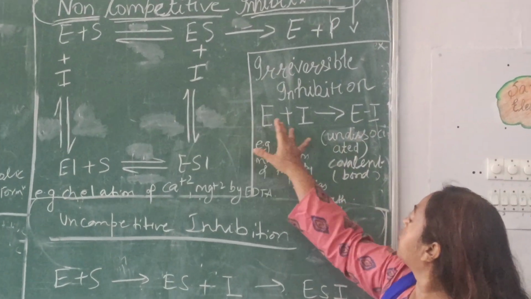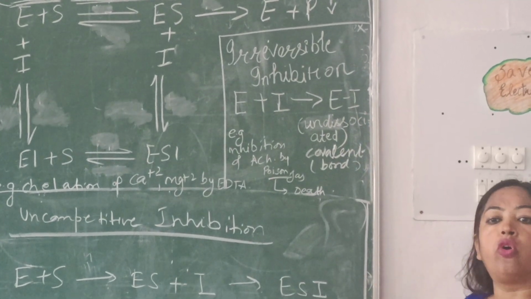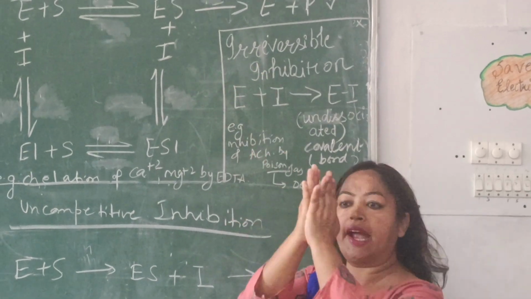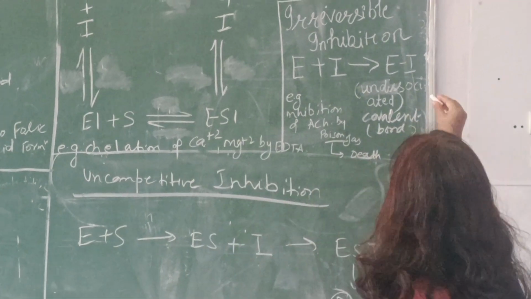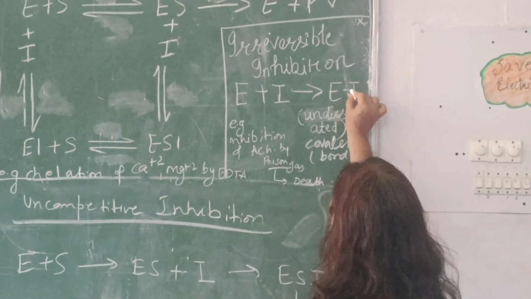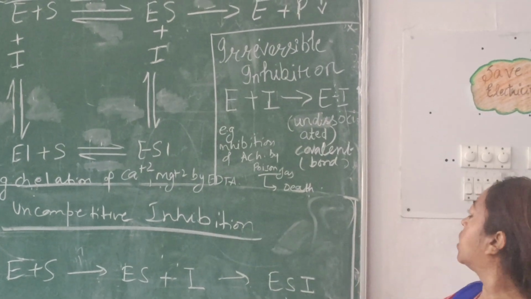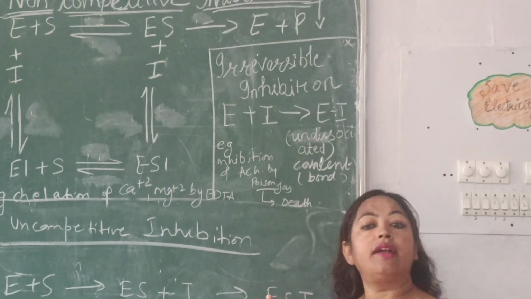Here the enzyme and inhibitor form a very strong covalent bond. That's why it is called irreversible. That covalent bond cannot be broken because it is a very strong bond, and that's why it is called undissociated.